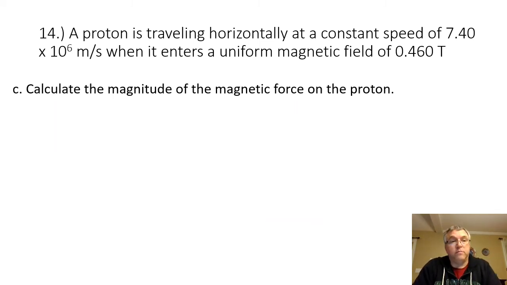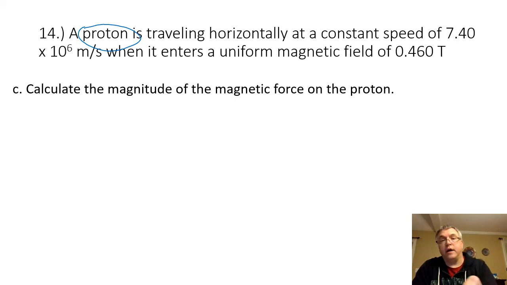Part C of problem 14 asks us to calculate the magnitude of the magnetic force on the proton. So if I look back and see what the givens are in this problem, I know because I have a proton that my charge is going to be 1.6 times 10 to the minus 19th coulombs.